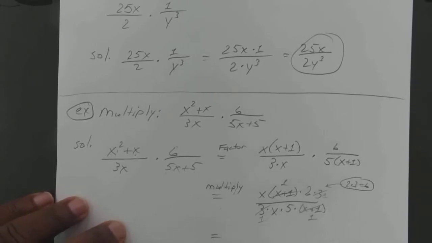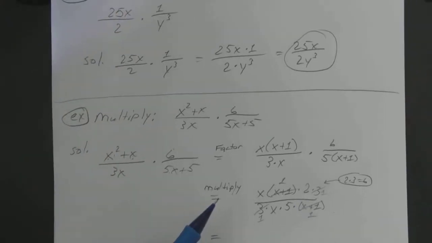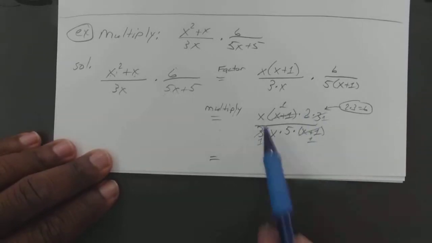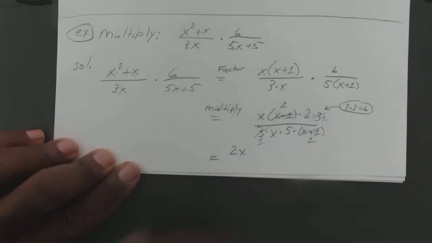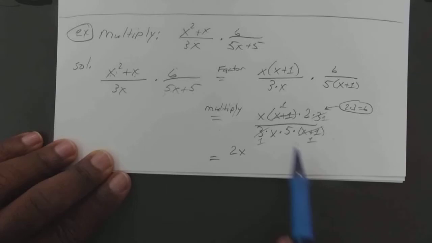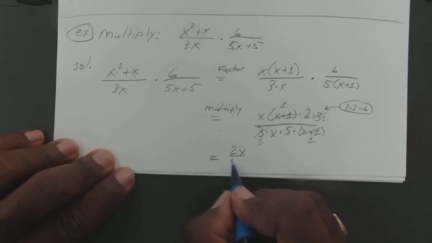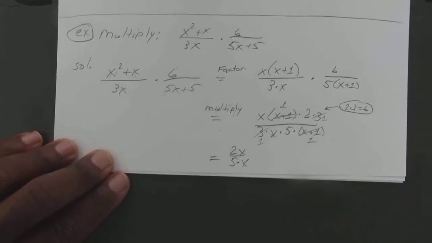Okay. So that means from there, the only thing that didn't cancel out up here is the x and the 2. So you have 2 times x. And the only thing that, oh, I forgot to cancel out those x's. Good thing we catch those. So you have 5 and you have an x down here, so you have 5 times x.